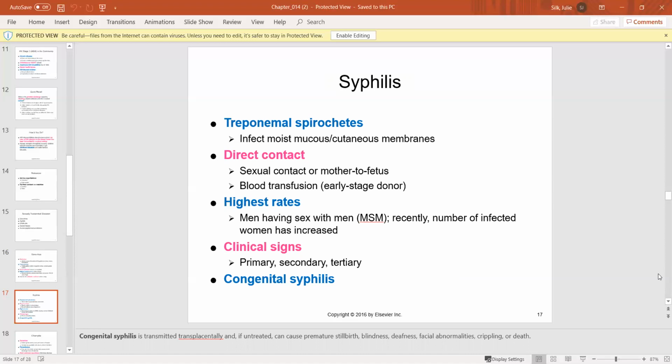Highest rates of this would be men having sex with men. Recently, the number of infected women has increased as well. There are different clinical signs: primary, secondary, and tertiary, and then there's also congenital syphilis. Congenital syphilis is transmitted transplacentally, and if untreated, can cause premature stillbirth, blindness, deafness, facial abnormalities, crippling, or death.